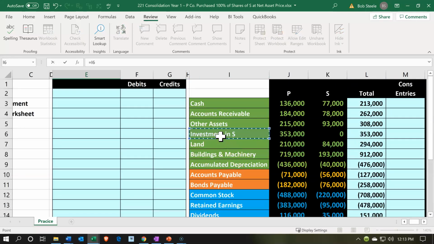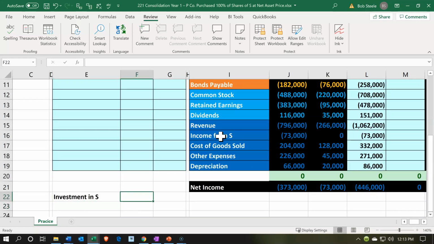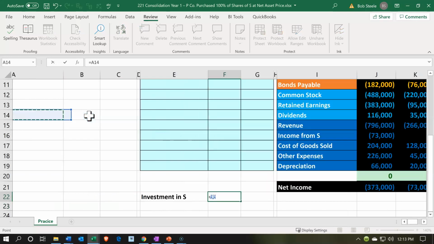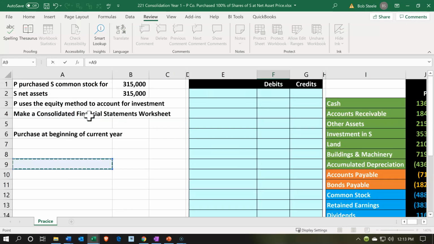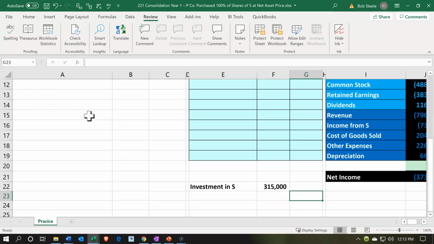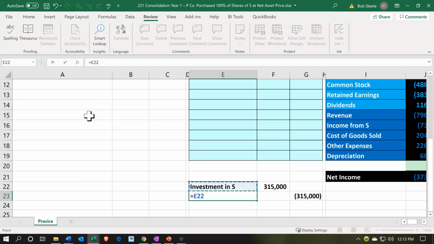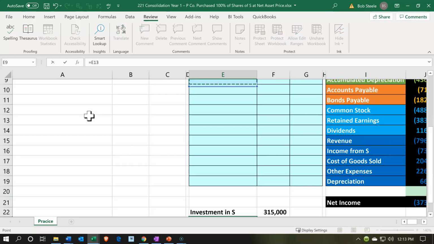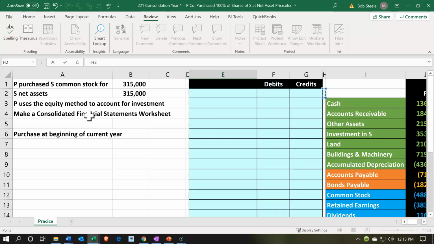They increased the investment for the 315 when they purchased. That's what P did. This is the equity method. So they're recording it on the equity method, even though they need to consolidate too. And then they credited, let's just say cash, right? They paid cash for the stock.